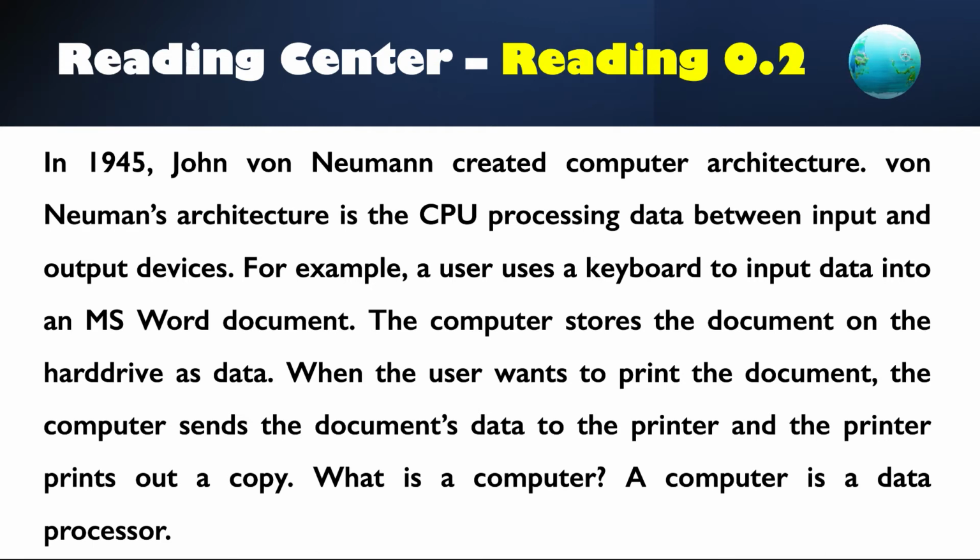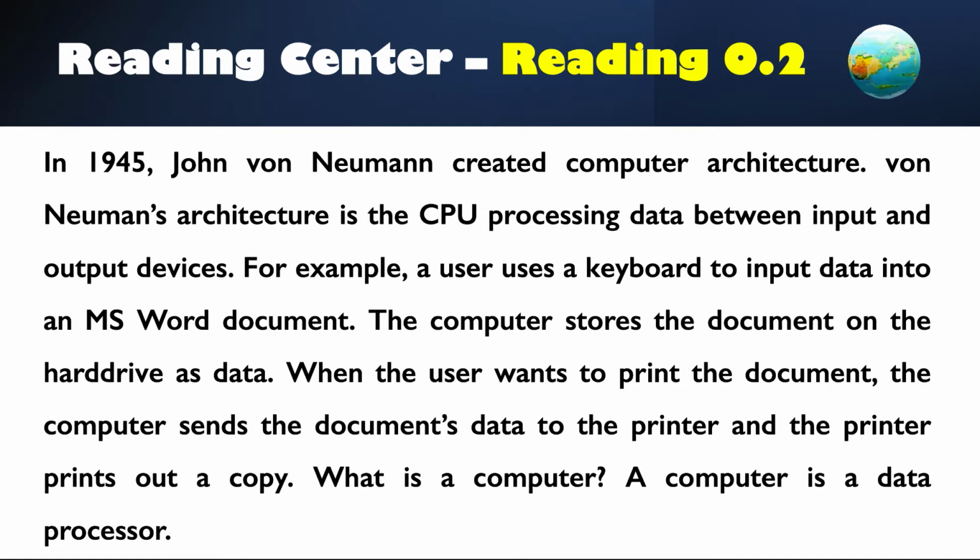In 1945, John von Neumann created computer architecture. Von Neumann's architecture is the CPU processing data between input and output devices. For example, a user uses a keyboard to input data into an MS Word document. The computer stores the document on the hard drive as data.